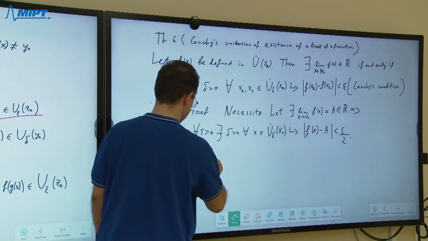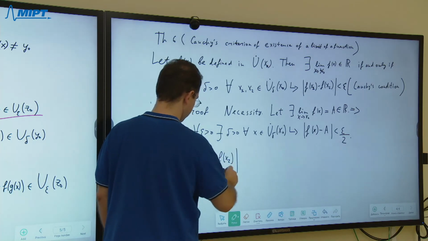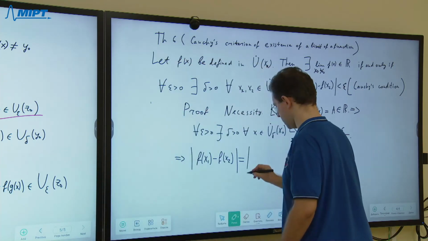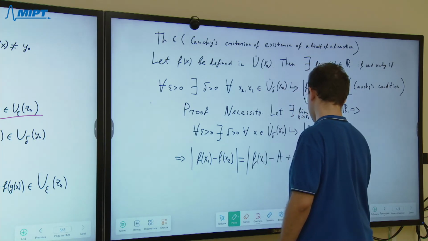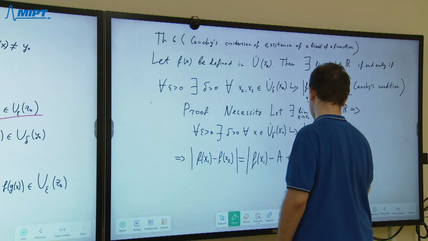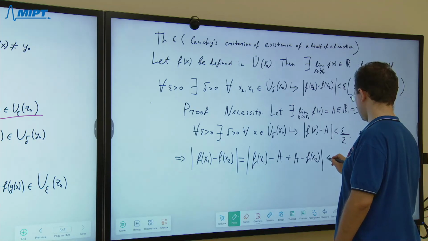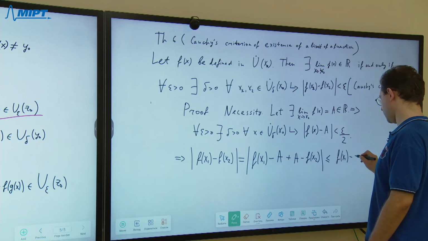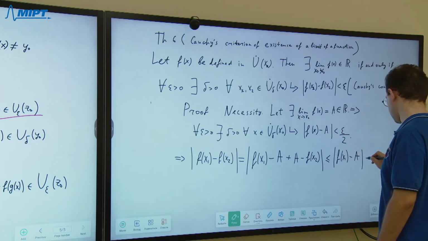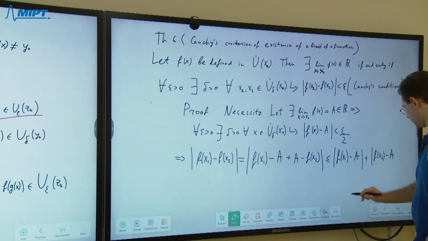The absolute value of f of x1 minus f of x2 is of course the absolute value of f of x1 minus a plus a minus f of x2, and this is less or equal than the absolute value of f of x1 minus a plus the absolute value of f of x2 minus a.